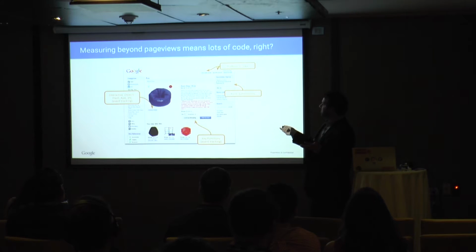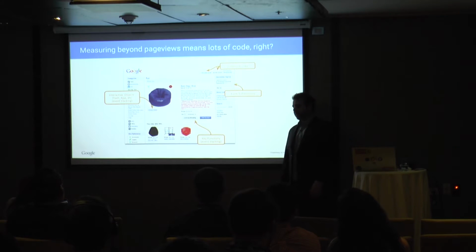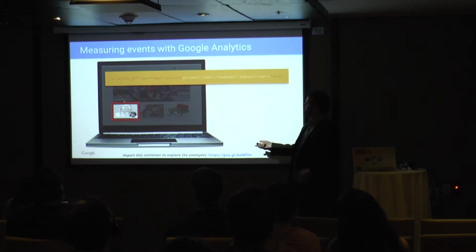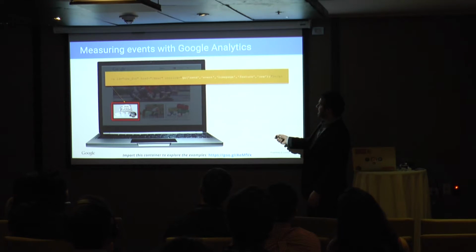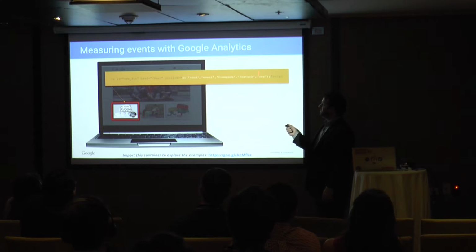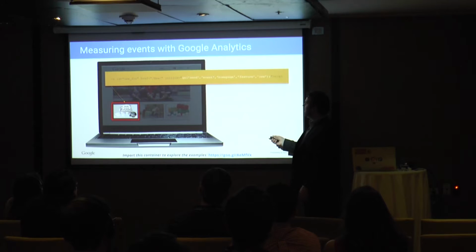But the point of this, obviously, is we want to measure beyond just page views. We want to be able to measure all sorts of interactions so that we can get the richest set of data. So, if you were using GA, the analytics.js code looks something like that, right? Send event, homepage, feature new. It used to be _gaq.push, whatever, track event.